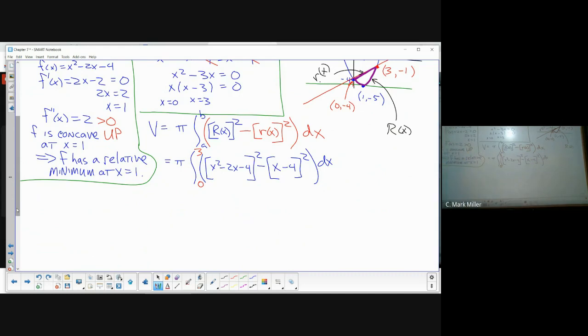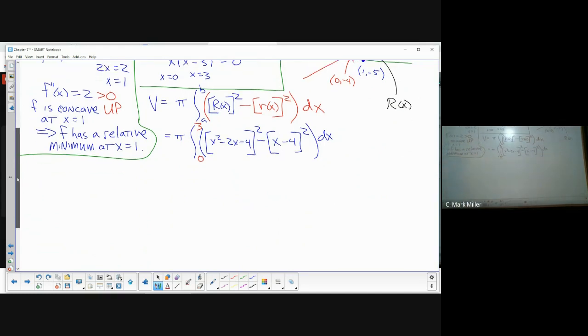Perfect. Now, here's the icky part. I'm going to scooch over some more space here. Pi integral 0 to 3, left parenthesis, bracket, that squared. How do you square something like that?